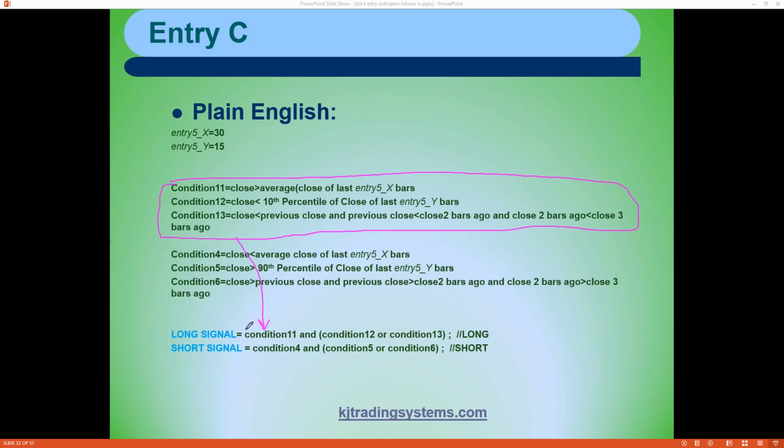So condition 11, if that's true, and either condition 12 or 13 is true. So as long as that happens, then that's your long signal. And then you take conditions 4, 5, and 6 to get the short signal.